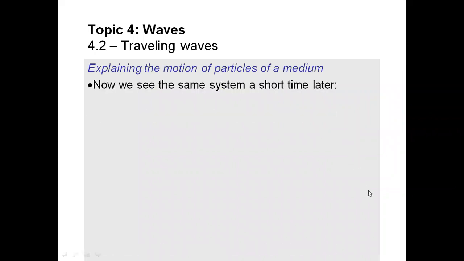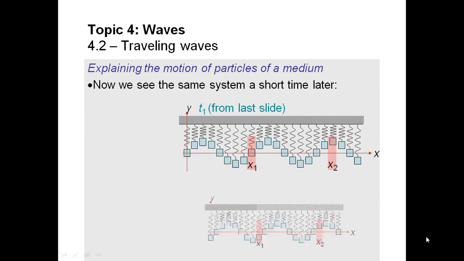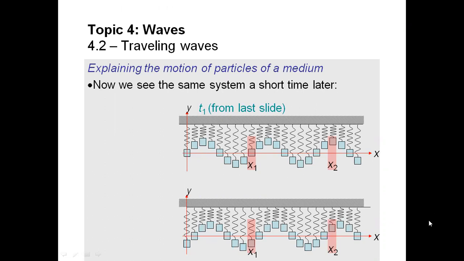Now we see the same system a short time later. So T1 is from the last slide, and now T2 is a short time later. If you look at the positions of particles at x1 and x2, after a short time, x1 goes down.